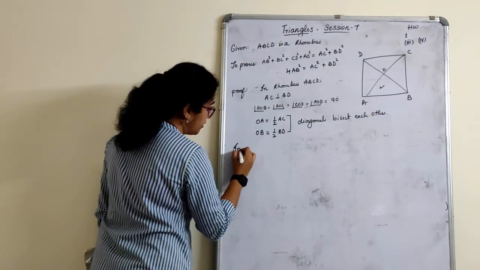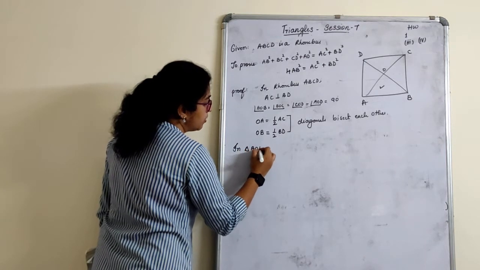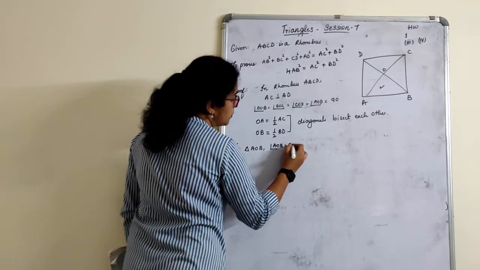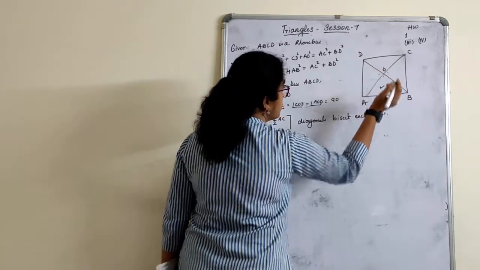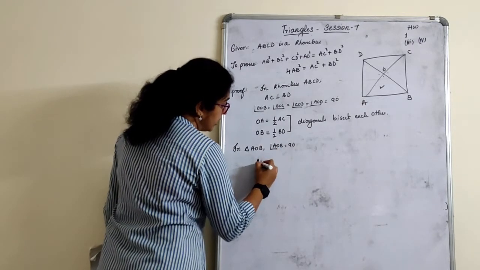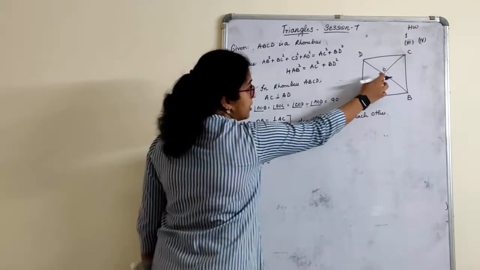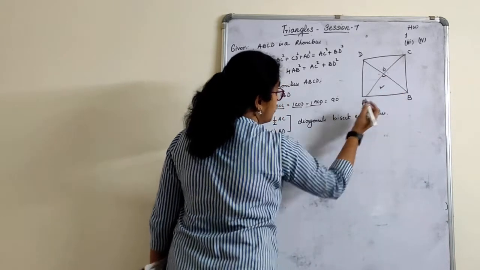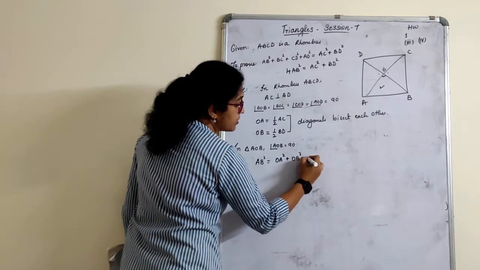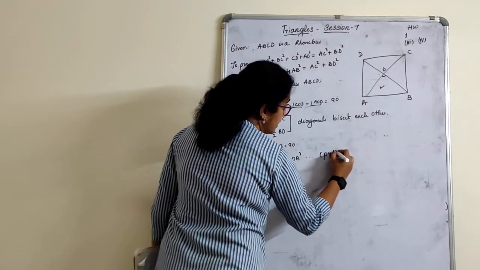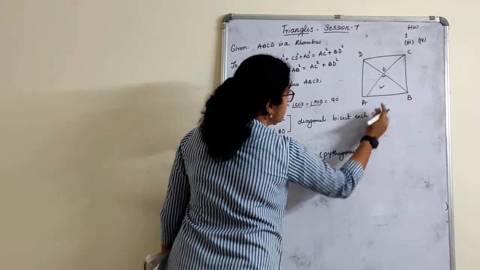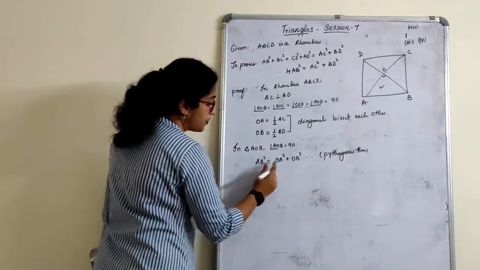Okay, in triangle AOB, angle AOB is equal to 90 degree. We know that because they bisect perpendicularly. So if it is 90 degree, this is the hypotenuse, AB square is equal to OA square plus OB square. Reason: Pythagoras theorem. Any one part you can choose here, this or this. I have chosen one. Substitute.